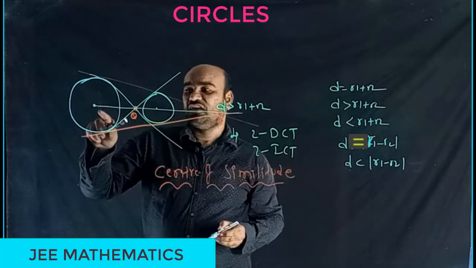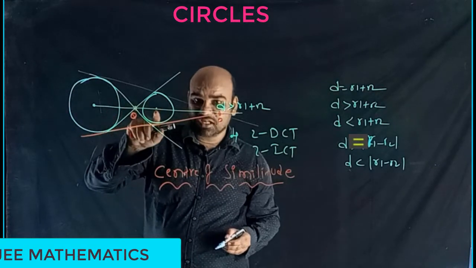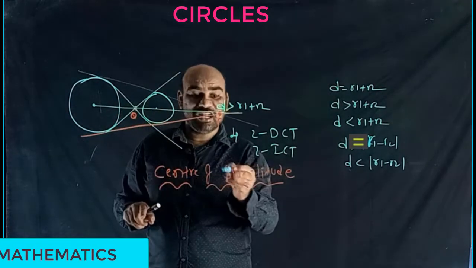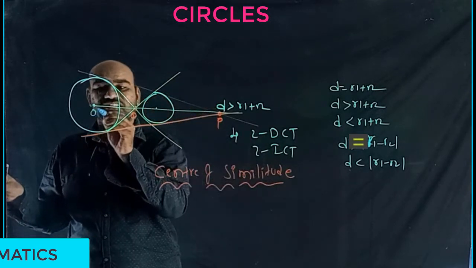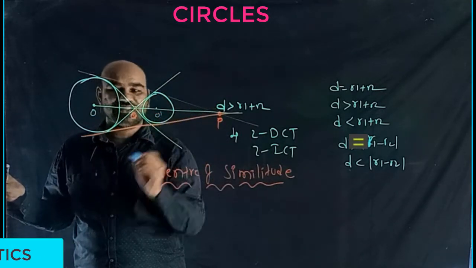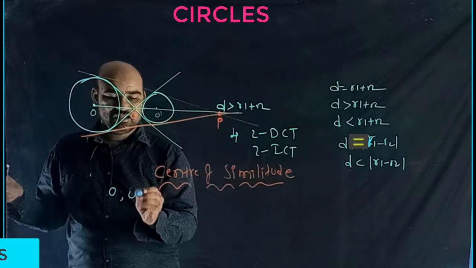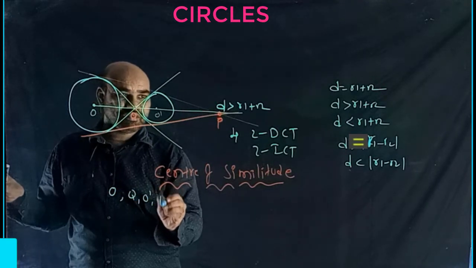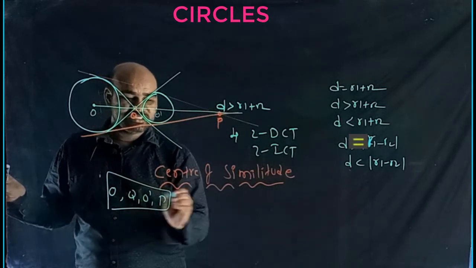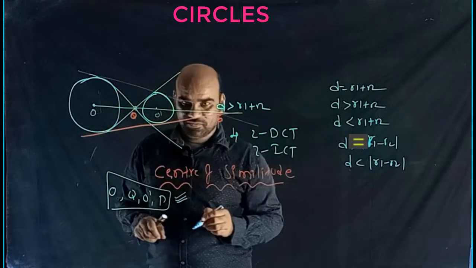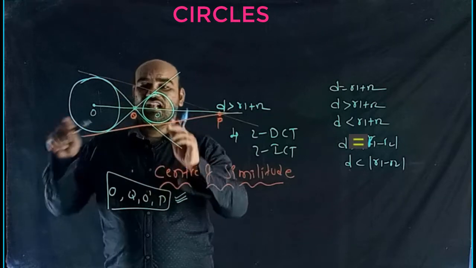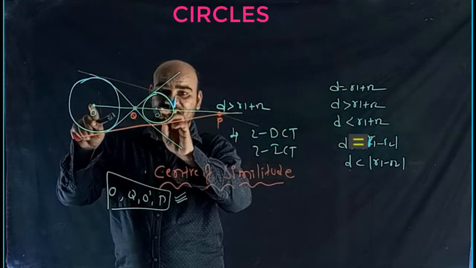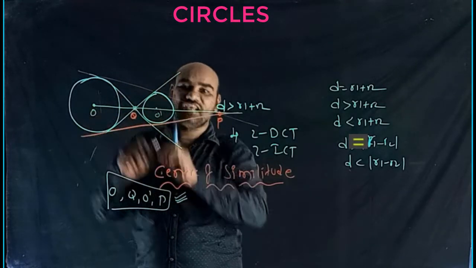Important note: the centers of two circles and the centers of similitude are always collinear. This is the center of a circle, say O, and this O dash. O, Q, O dash, P are always collinear. Next, this Q divides the line segment joining the centers in the ratio of their radii.